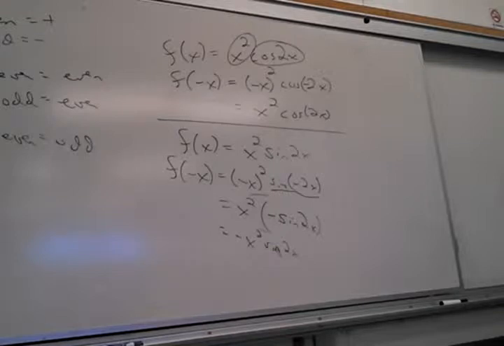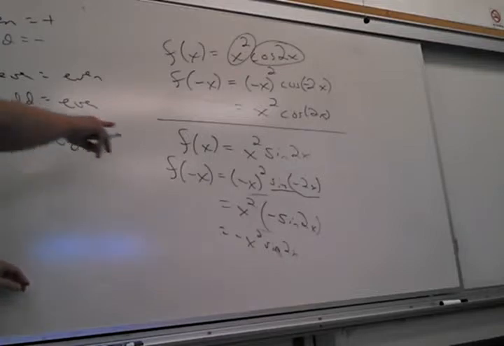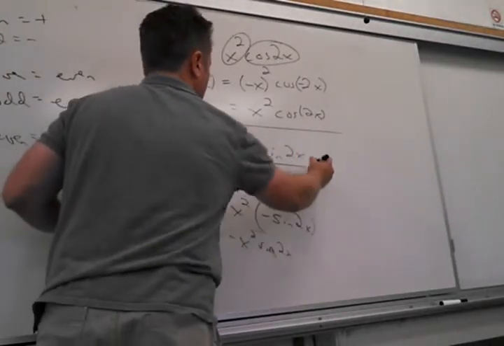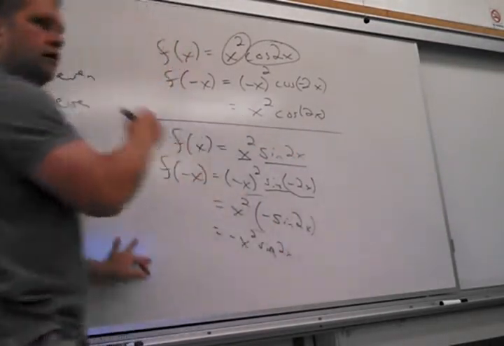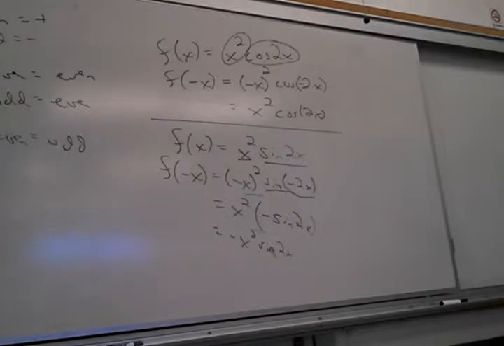And so of course if I do even times odd, it's going to come out odd. Right? That's exactly what we had here. Even times odd came out odd. Just that when we have functions that aren't powers, we lose that nice easiness, but all the same rules apply. Okay, hopefully. All right. Shake that one off.